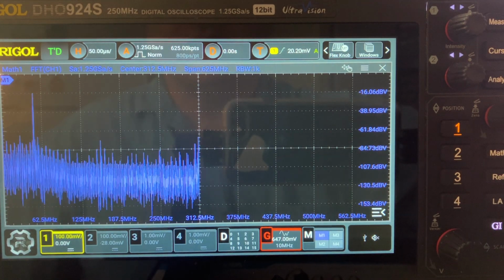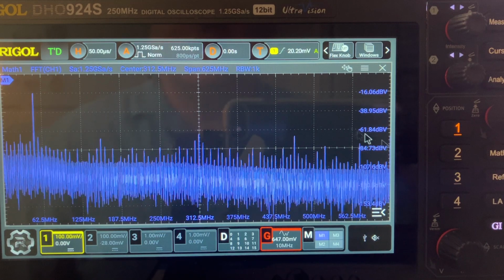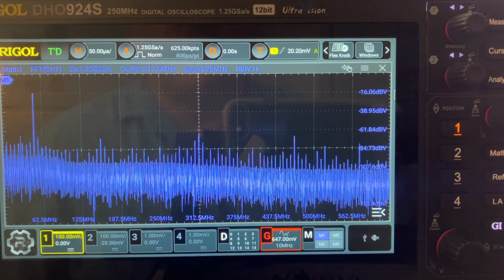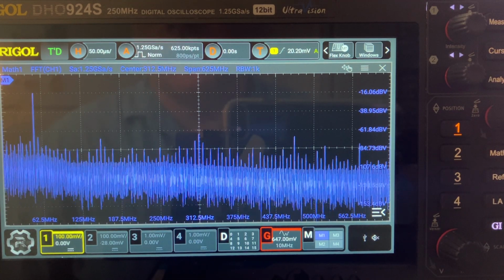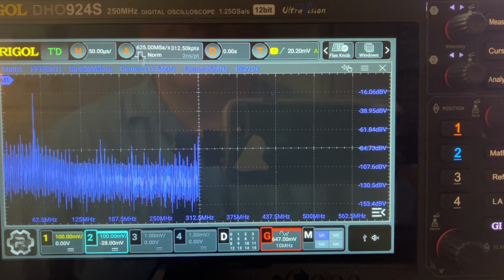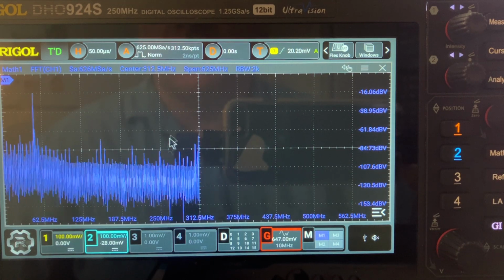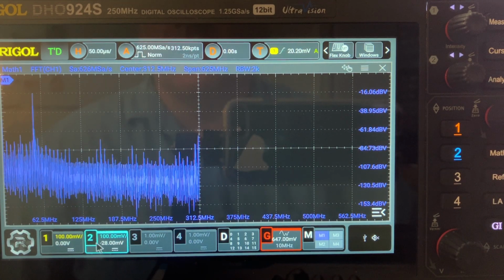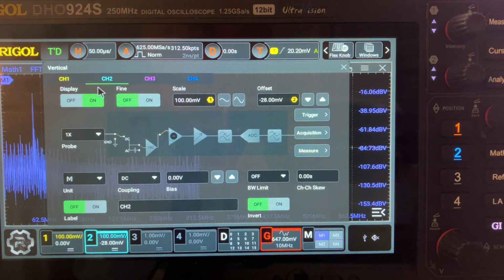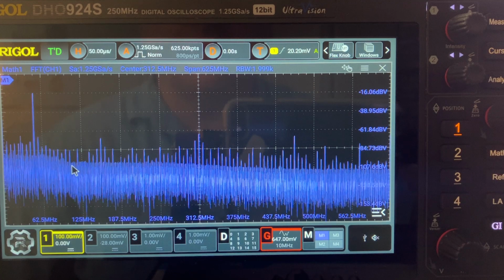And by the way, it's the same thing if I put back 125 gigasamples, but I activate display number 2, channel number 2. Again, the sampling rate is reduced because now it needs to display 2 traces instead of just 1. So we could deactivate this one, display number 2, turn that off, and then we get what we got here.